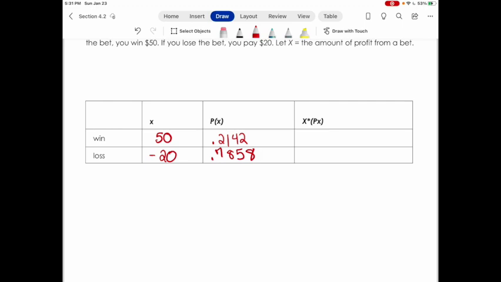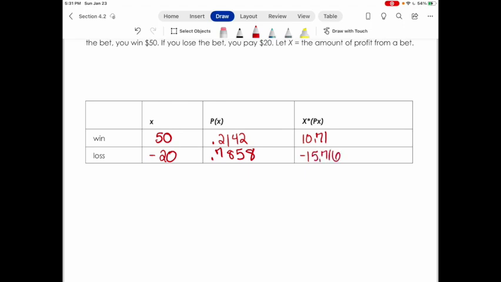If the earthquake does not occur, we would take 1 minus 0.2142, which is 0.7858. Now, to find the expected value to see if we would win or lose overall, we want to take the value of each of our x's times the corresponding probabilities and then add them up. So if I take 50 times 0.2142, that's going to give me 10.71.